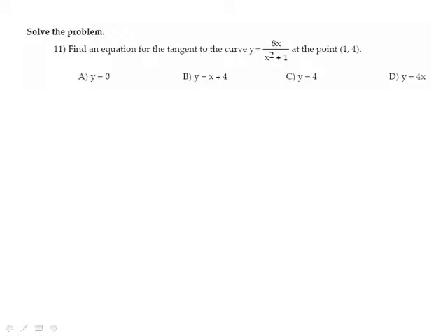Here we want to find the equation of the tangent line to the curve y equal 8x over x squared plus 1 at the point 1 and 4. So we need to find the derivative of this function at x equal 1.